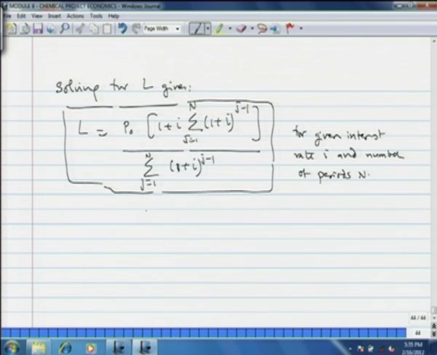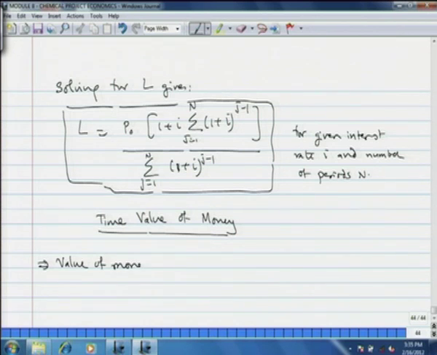Let us see how we can evaluate the time value of money. Can we predict the future value of present money, or reverse, the present value of future money? The value of money increases with time, and that is the time value of money.